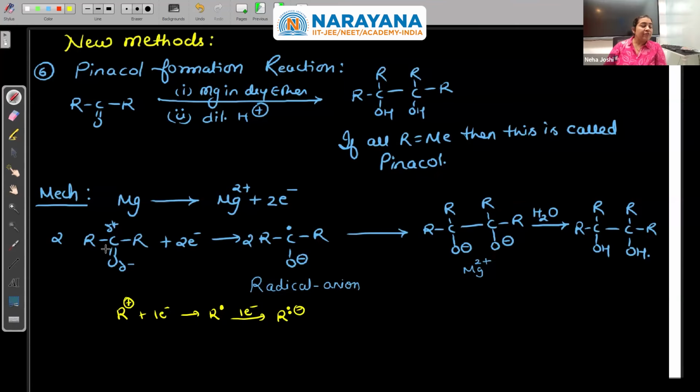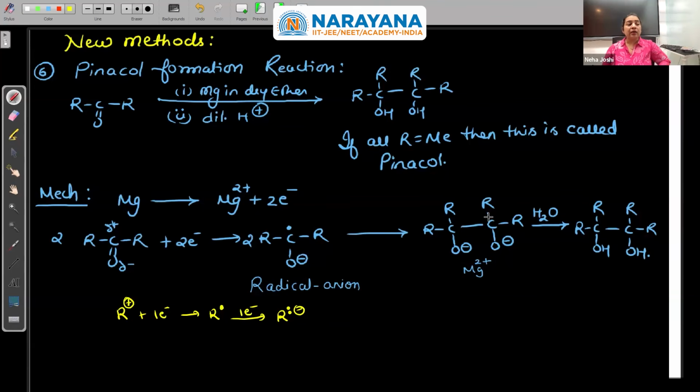Now here we are not adding 2 electron per mole. This C del plus, O del minus, this C plus is having 1 electron. So C dot and O minus. Okay, this is C dot. Now 2 C dot when combining like this, right?